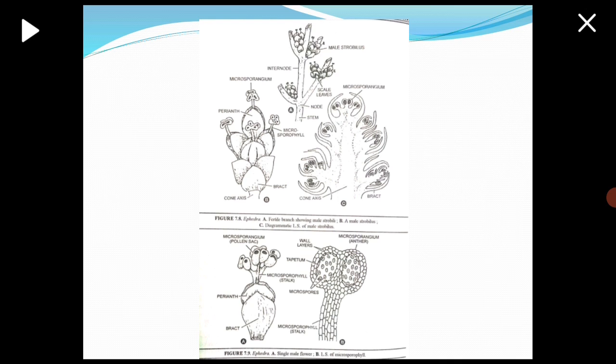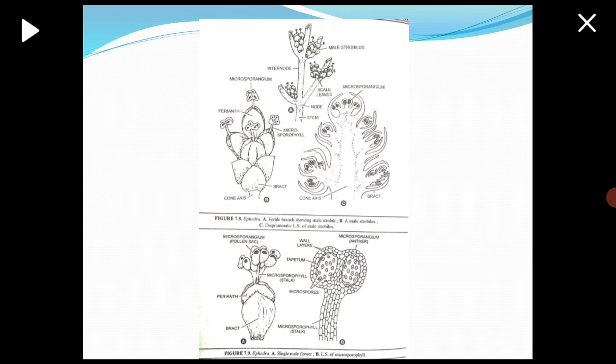Most of the species are dioecious. The male and female strobili are produced in male and female plants, respectively. But a few species are monoecious, that is, they produce both types of strobili, male and female.